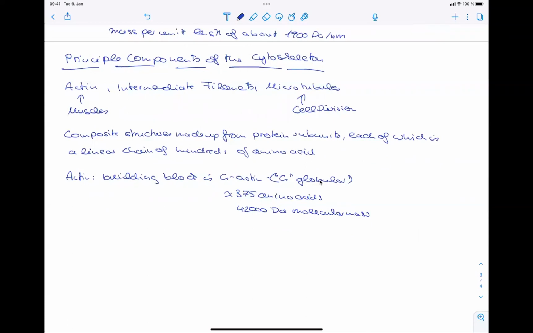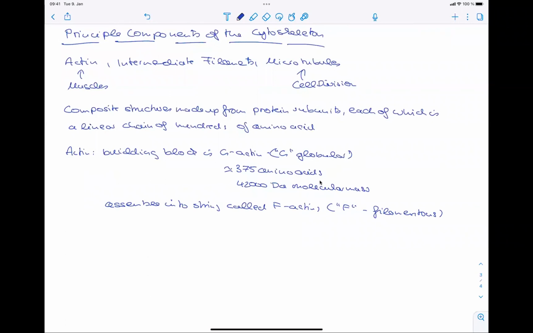And these monomeric, these globular actins are now assembled into a string that is called F-actin, where here now the F stands for filamentous. And it's a little bit that they also curl up in a very shallow helix kind of form. Let me try to draw this.